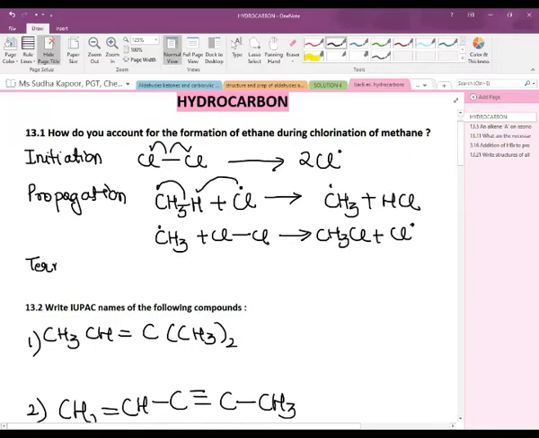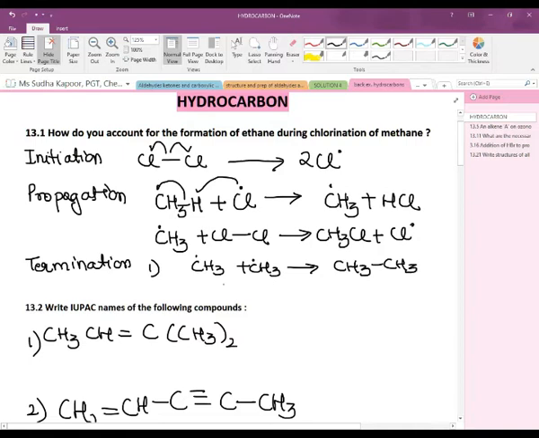Further comes the termination, the end. So in the end, how can we show the formation of ethane? It is very simple: the two methyl free radicals may react with each other, forming a single covalent bond and giving rise to ethane.